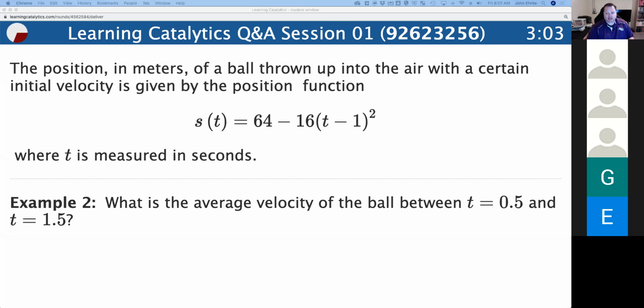Remember, average velocity on an interval is the slope of the secant line connecting the endpoints of that interval. All right, you've got about 30 seconds.